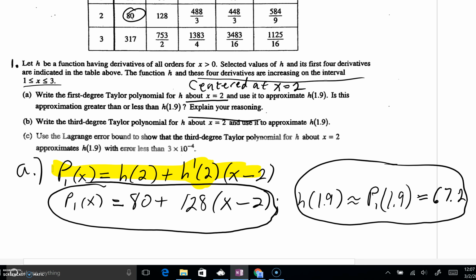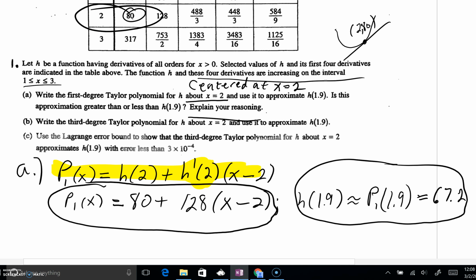Very important for us to realize we have a tangent line. So what you have is your actual curve. You're getting a tangent line drawn at the point 2, 80. I'm getting that right here. That's my point of tangency.